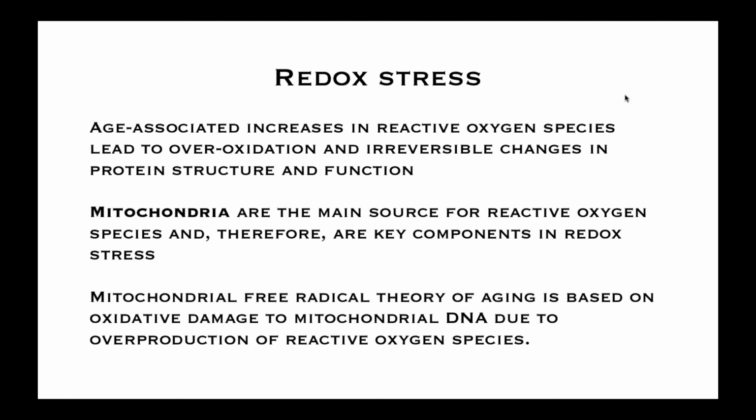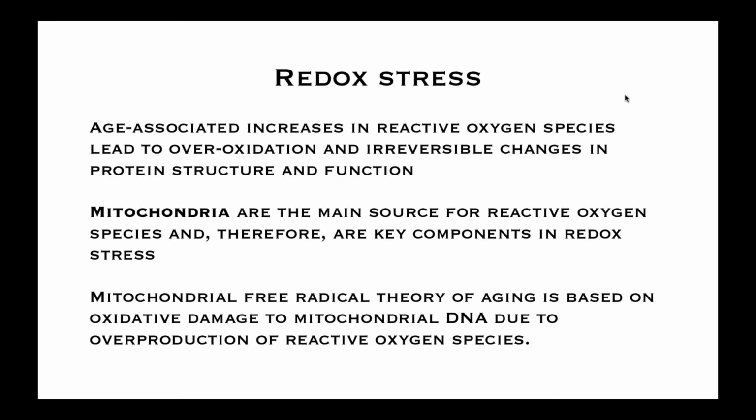Redox stress, if you remember, is the reactive oxygen species, and this is related to the autooxidation of glucose in many cases. It's forming a free radical outside of the brain. The other area of the body that's the most responsible for creating ROS, or reactive oxygen species, is the mitochondria.